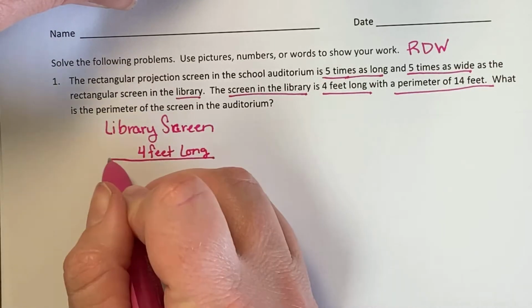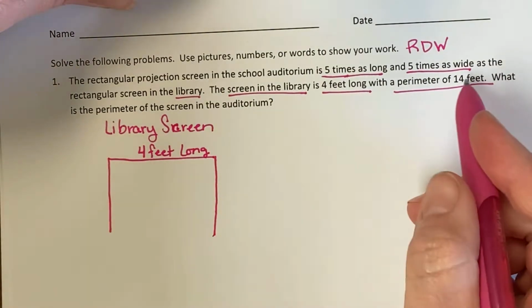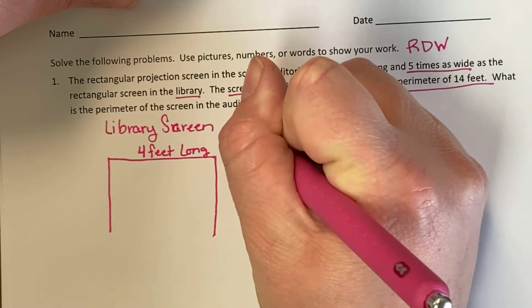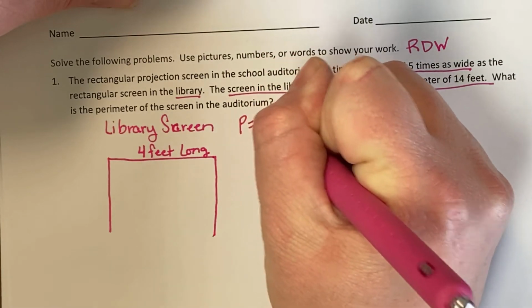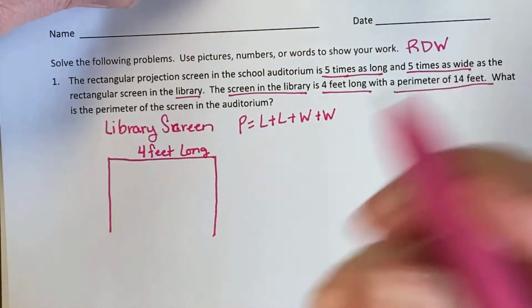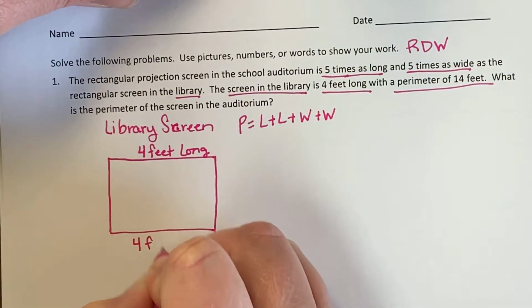And I know that this is the perimeter. So perimeter means my formula is P equals length plus width plus width. So I know that this side is 4 feet and this side is 4 feet.